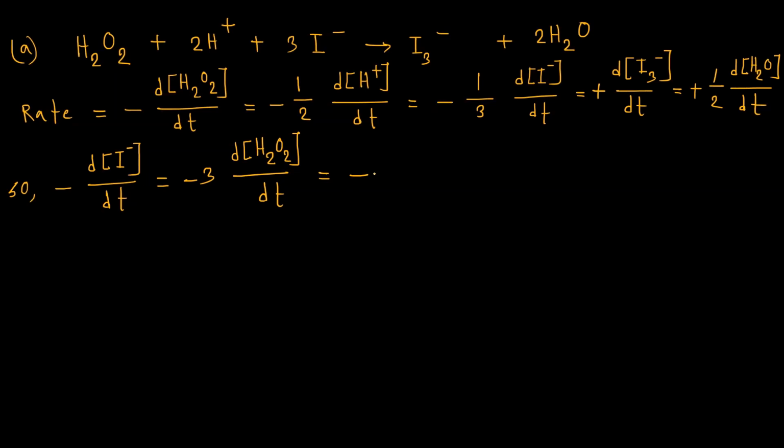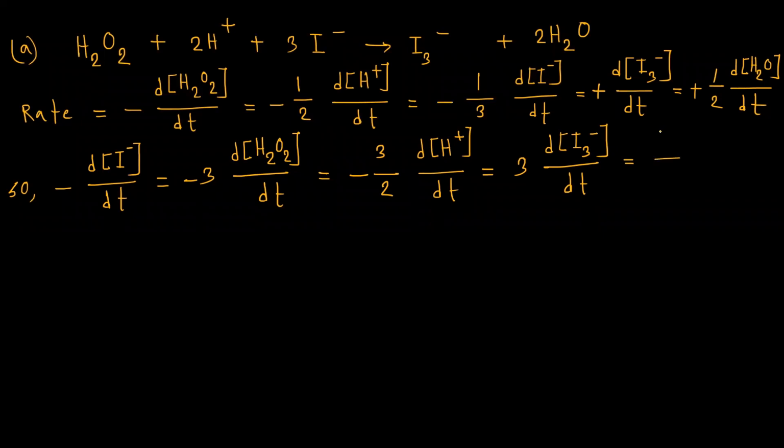minus 3 by 2 dH plus upon dt, 3 multiplied by d of I3 negative upon dt is equal to 3 upon 2 d of H2O upon dt.